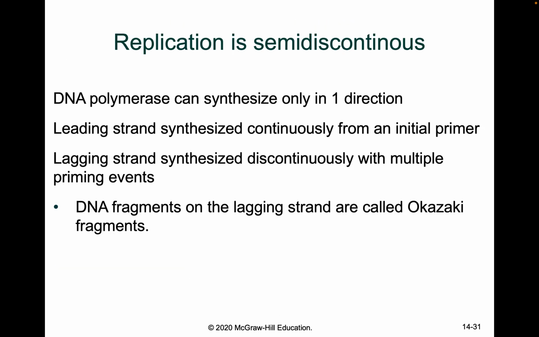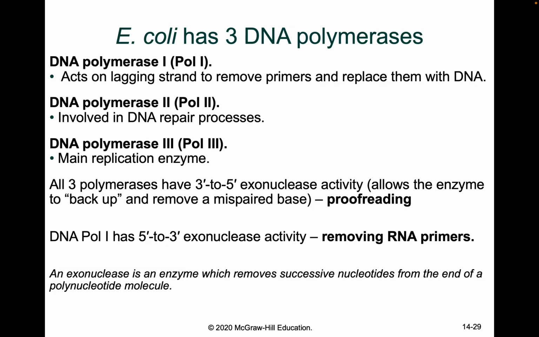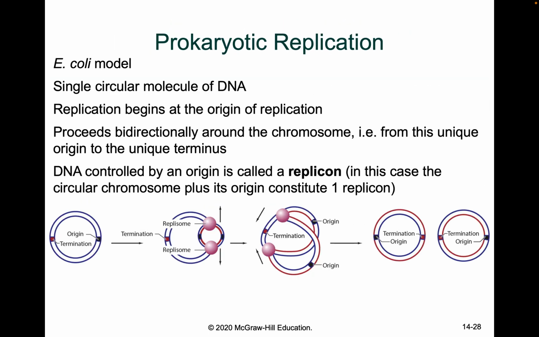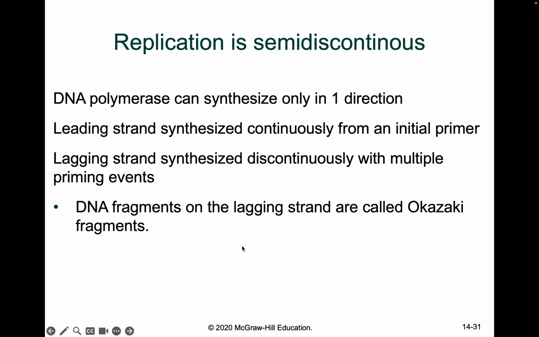Now replication is semi-discontinuous. This is what it means. DNA polymerase can synthesize only in one direction. Remember, we spoke about this: it can only go from the 5 prime to 3 prime end, so it can only add nucleotides to the 3 prime end. This is a bit of an issue, don't you think?